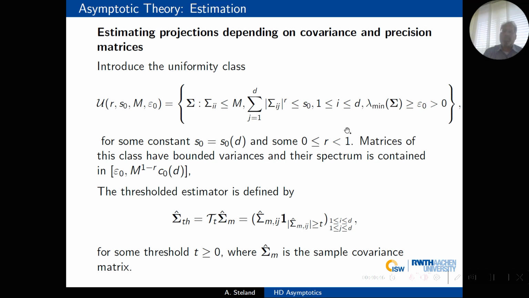And then all matrices within this class have a spectrum which is contained in a compact interval which is bounded away from the origin. And the threshold estimator is then obtained by thresholding the estimator for sigma entry-wise. So we only take those entries which are greater than or equal to t in absolute value. And t is the threshold parameter here.